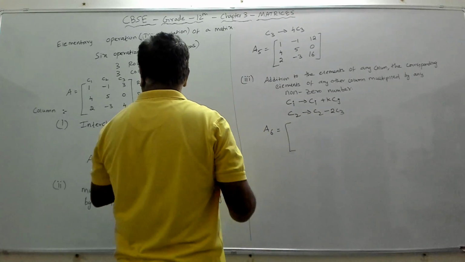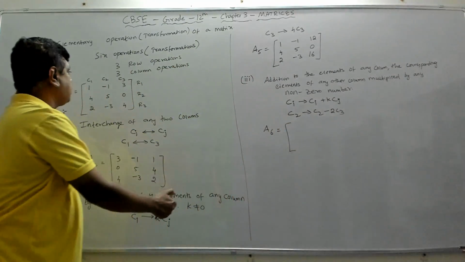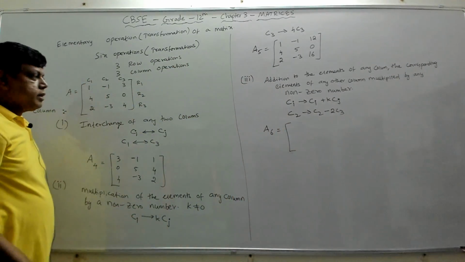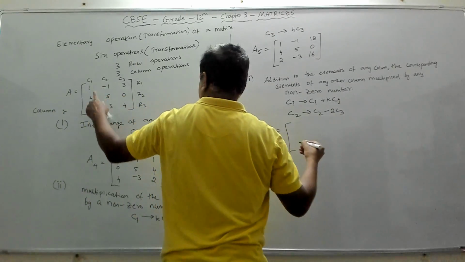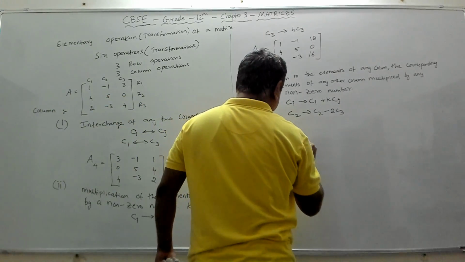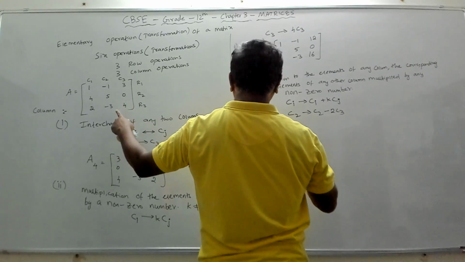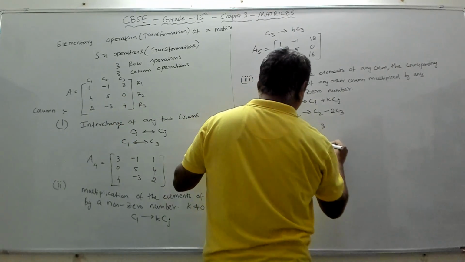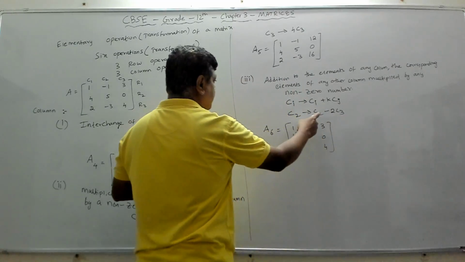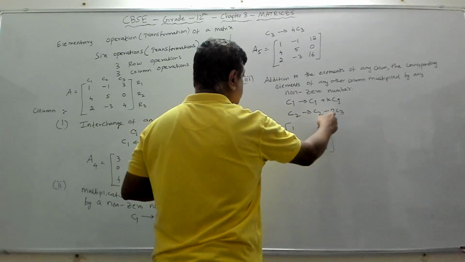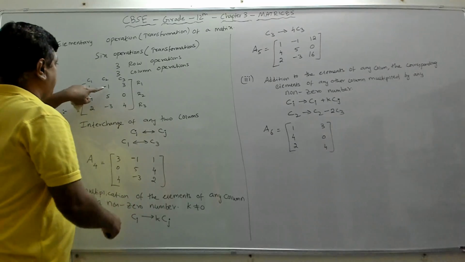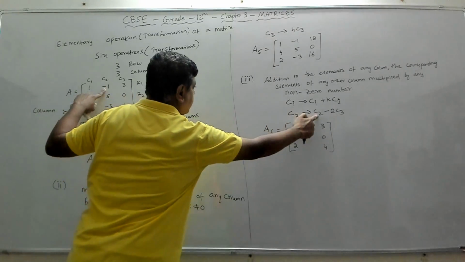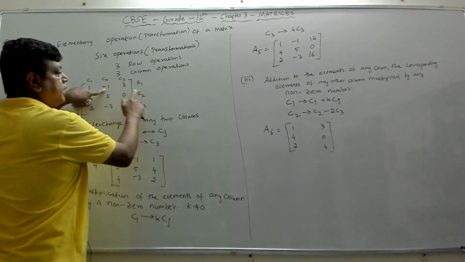Right? So I'm going to apply this column operation on the same A matrix. So my column C1, there is no change, which is 1, 4, 2. C3 I will write, there is no change to C3: 3, 0, 4. Now let's apply C2 implies C2 minus 2 times C3. So C2 is minus 1 and your C3 is 3.